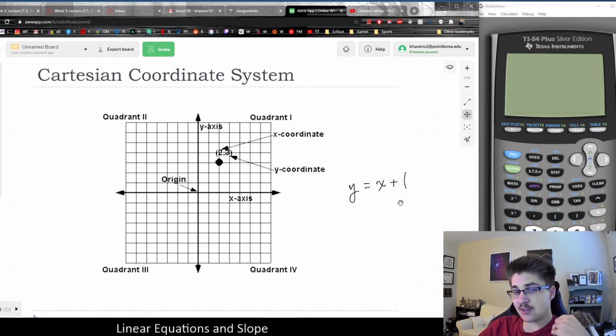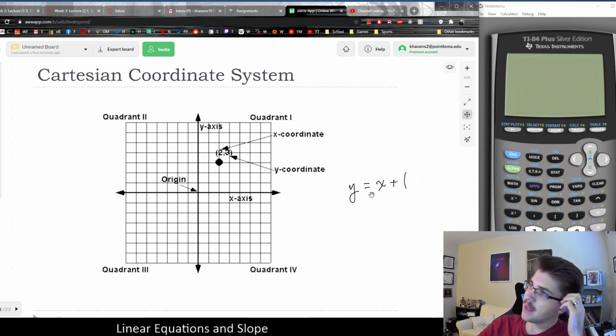Like in linear equations in one variable, we could solve for x and determine, well, what's the answer? But when there's two variables, there is no answer because the equation doesn't describe a certain problem where there is an answer. It describes a relationship, which is sometimes called, some relations are called functions, a very specific type of relationship, which almost all linear equations are, but we'll get to that later.